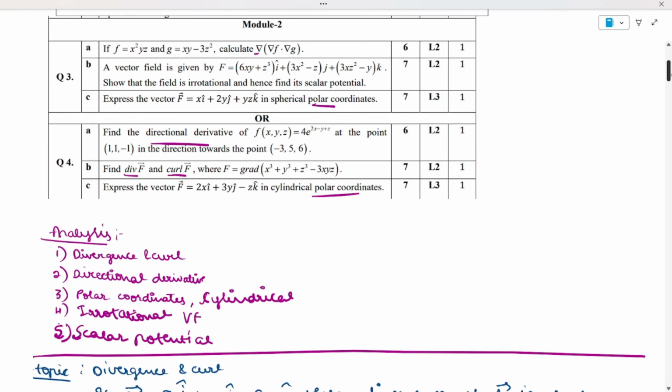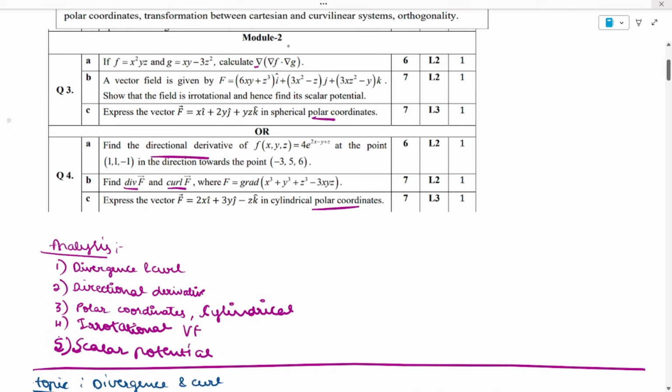If you analyze this, you will get first to find the gradient of f dot gradient of g, and next finding the scalar potential and its rotational. I have included this also, and polar coordinates for spherical, for cylindrical, and divergence and curl, and I have also included directional derivative.